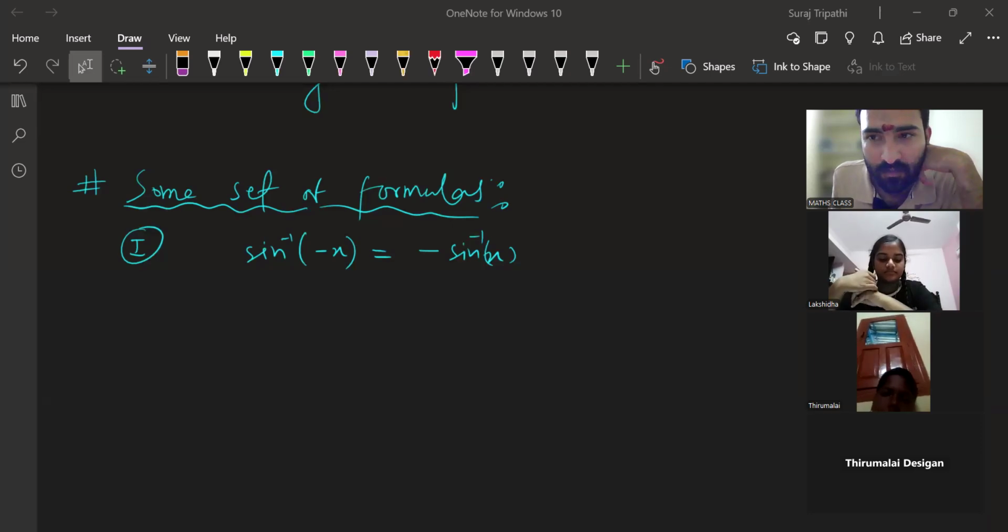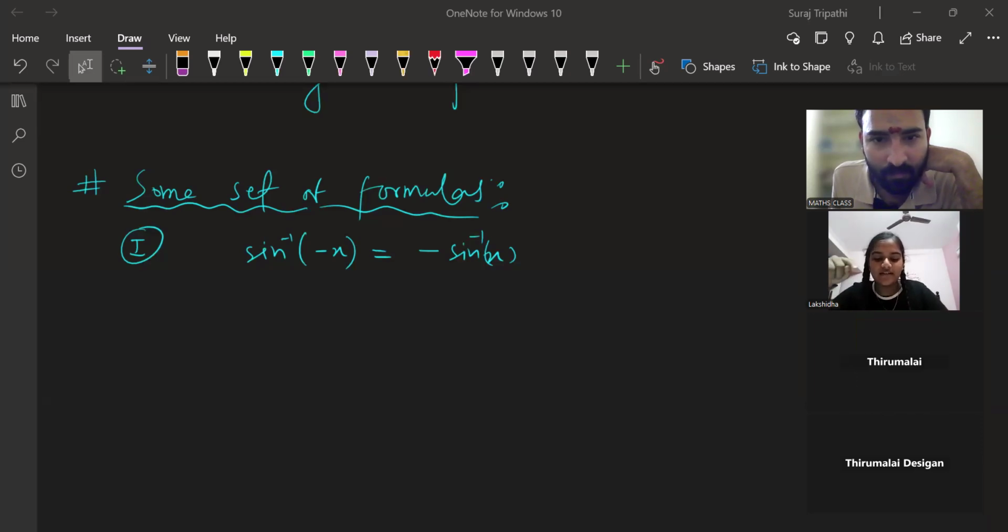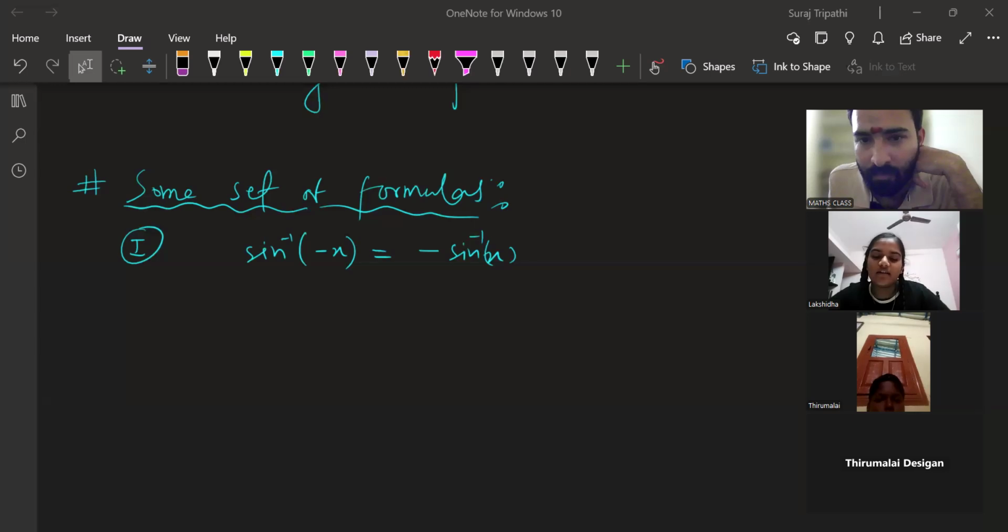The last one, from our NCERT book: this sec inverse and cosec inverse x. No, sir, after that I have sent one. There is no photo after this, after these two groups. It is not delivered to you, so that's what it's showing.